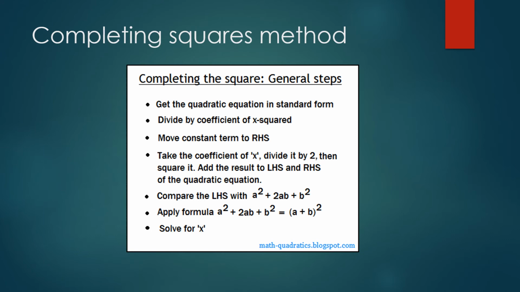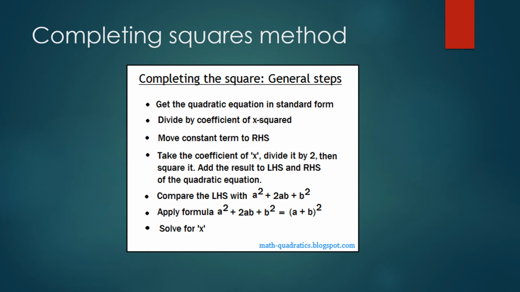After this step, we have to move the free term or the constant term to the right hand side of the equation. Then we have to take the coefficient of x, that is the linear coefficient. It should be divided by 2 and then squared.